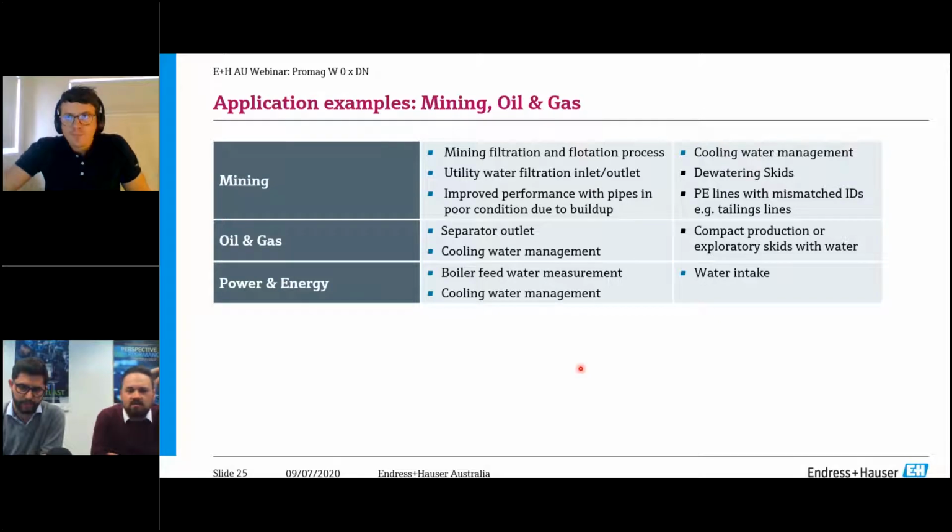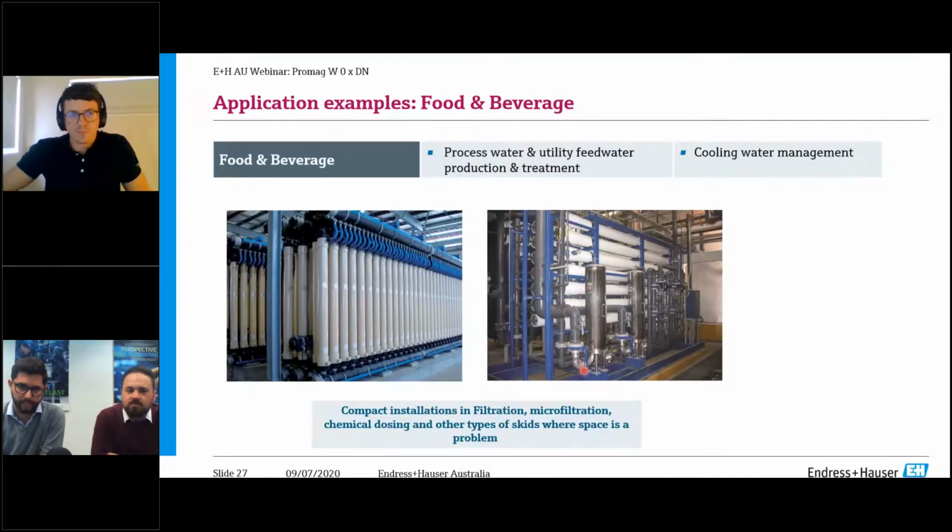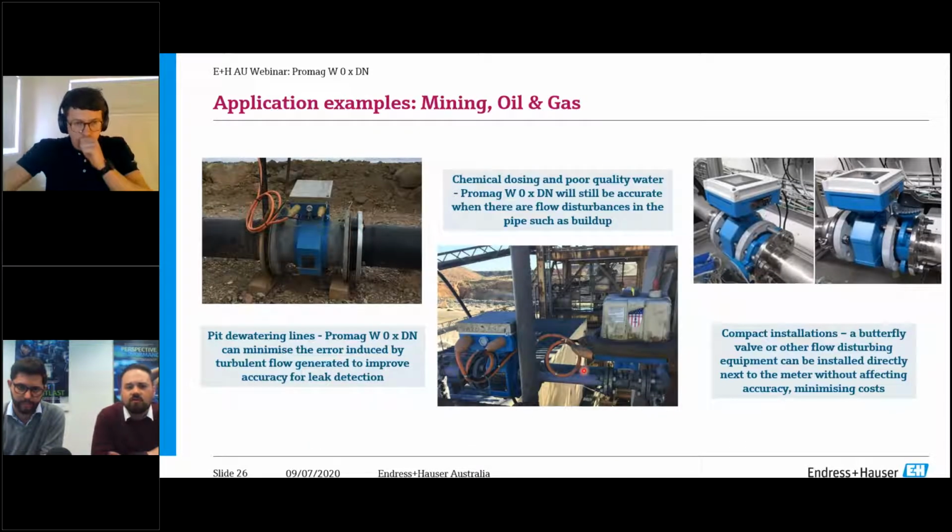On the next slide, you'll see some photos around one of the applications I spoke about in mining, dewatering lines. As I mentioned before, the W0 DN will minimize any error that's induced due to the turbulent flow created by lines that have curves in them or run across topography that is not flat, as well as mismatched IDs.